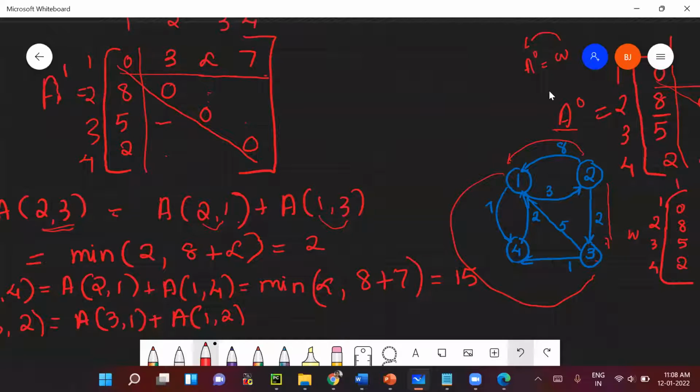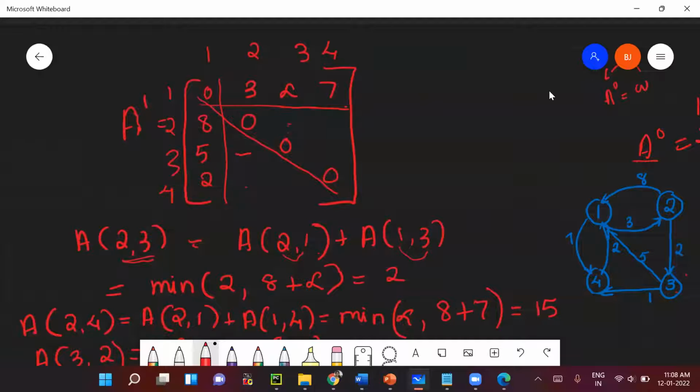So we are going to construct with that shortest path using 1 as an intermediate vertex, right? So this step is nothing but we are going to calculate and update in the distance matrix A1 the shortest path, which is considering 1 as an intermediate vertex. So we are going to split the path from 2 to 3 as 2 to 1 plus 1 to 3.